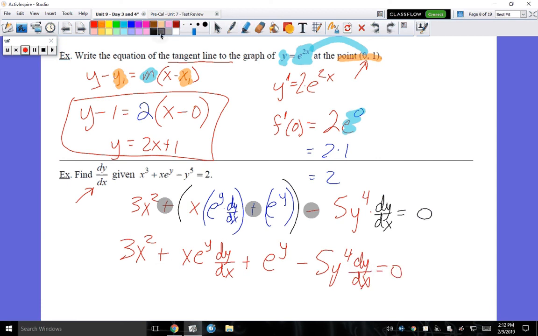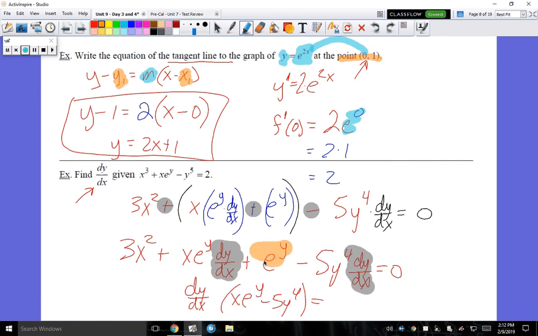Now you can see these are going to stay on the left side. Okay, and you can GCF out the dy dx so that you have x e to the y minus 5y to the fourth. And over here on the other side, these are going to be moved over by addition or subtraction. So we have negative e to the y minus 3x squared, and that will be divided by all of this.